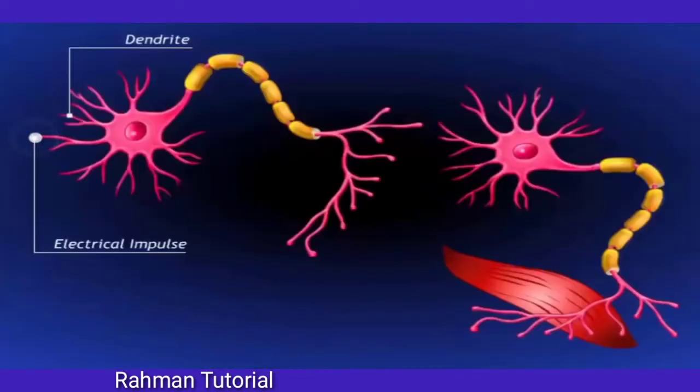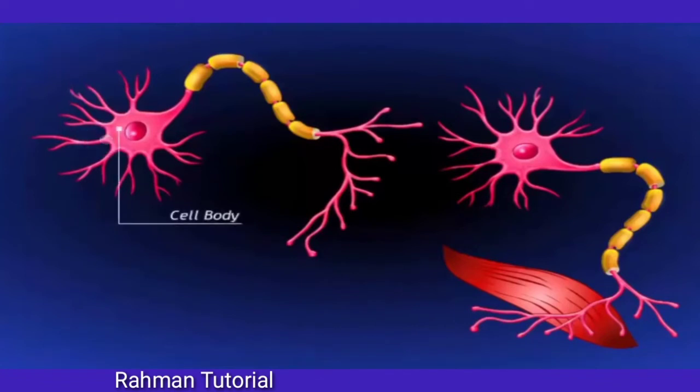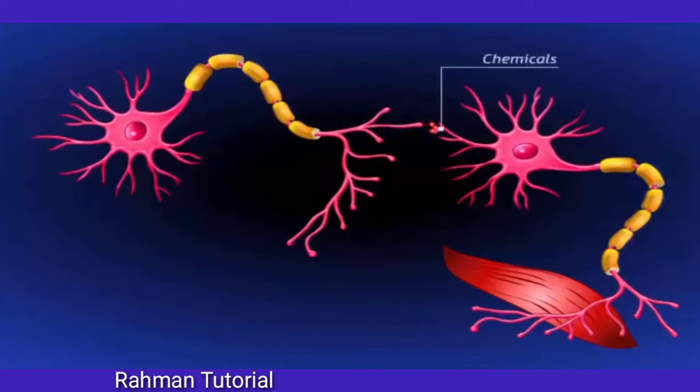When a neuron is stimulated, the dendritic tip of the nerve cell generates a tiny electrical impulse. This impulse travels from the dendrite to the cell body and then along the axon to its end. At the end of the axon, the electrical impulse releases some chemicals which cross the gap called synapse and start a similar electrical impulse in a dendrite of the next neuron.